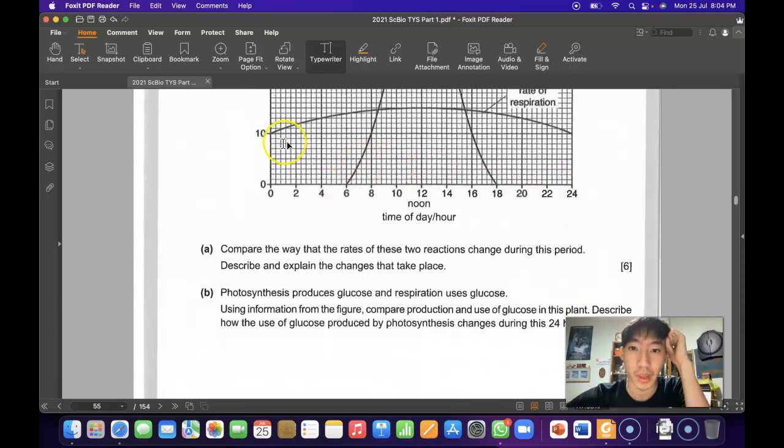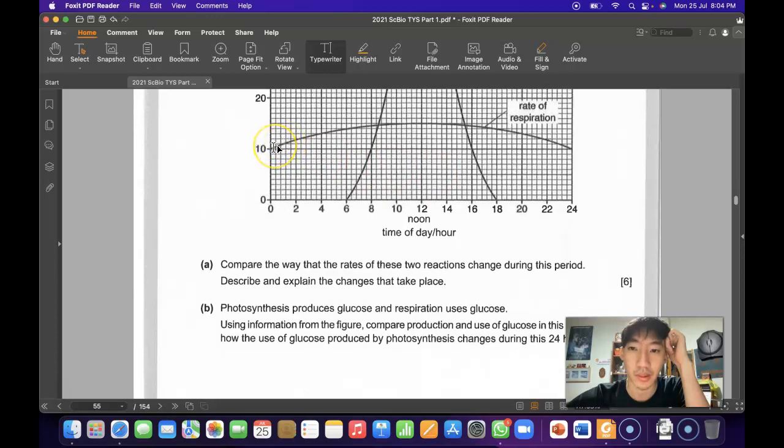But there is an increase in the amount of glucose being used in the afternoon as the plant is more active and there are more chemical processes happening in the plant cells.